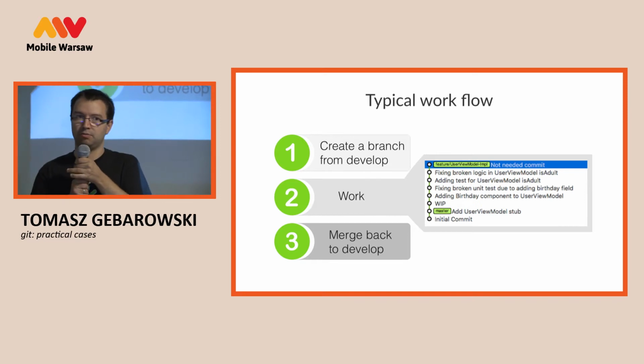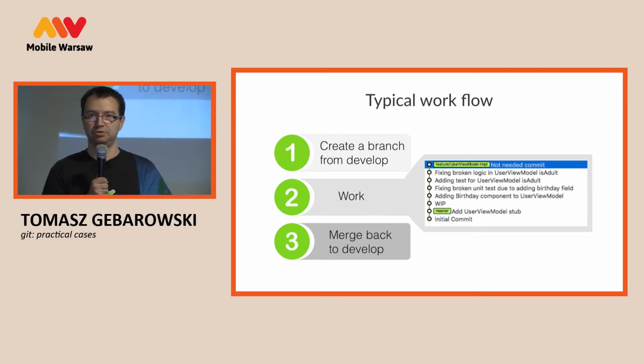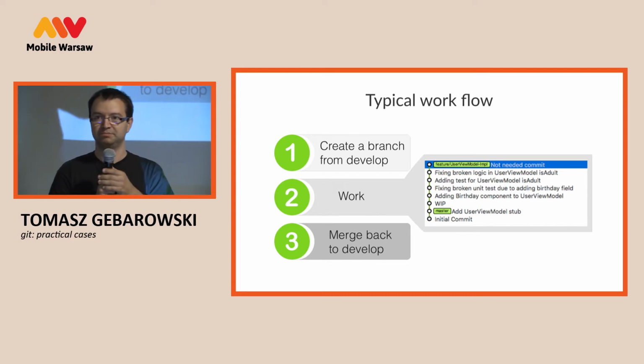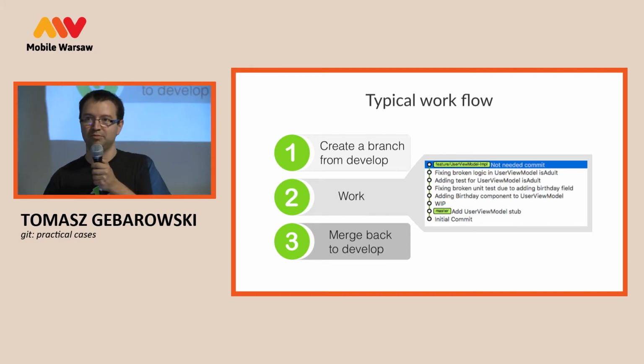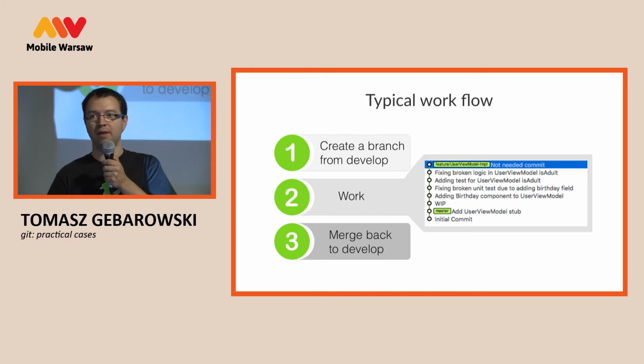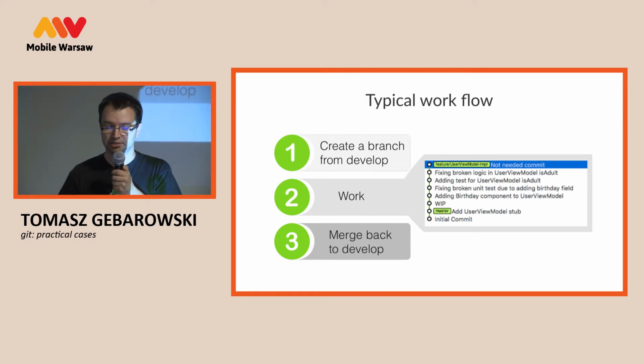And then we proceed to making some commits, usually in sequence. Some commits are treated as snapshot commits, probably some work in progress commits. And then we publish this work by making a pull request.